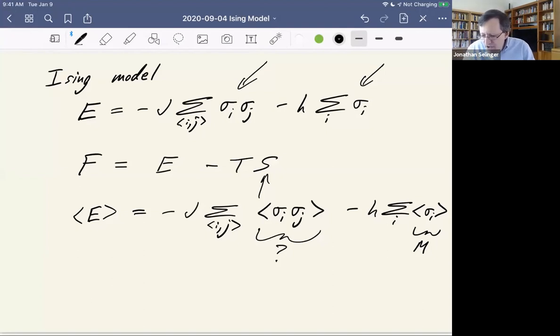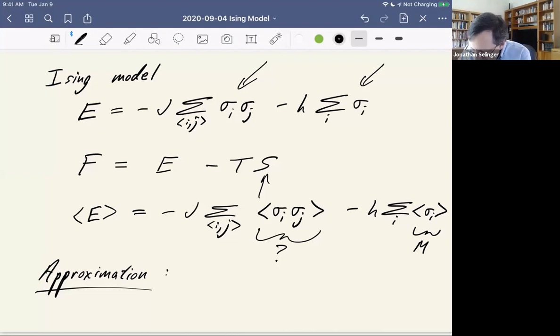Because this is not an exactly solvable problem, I have to make an approximation. Let me tell you about a type of approximation that is widely used in this sort of situation.